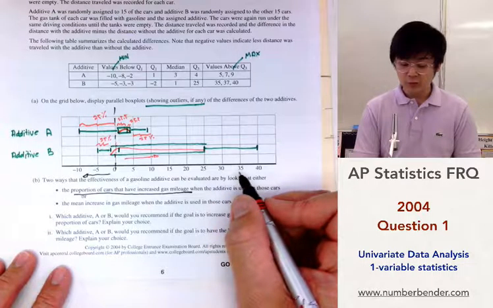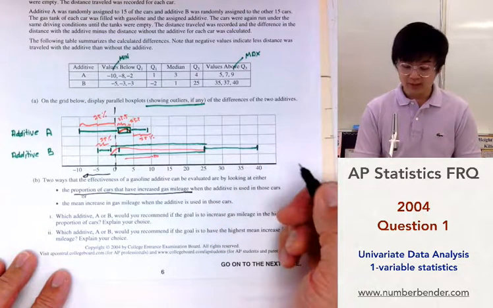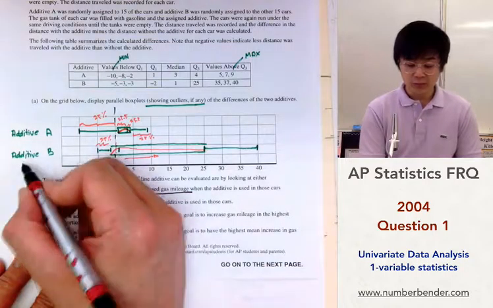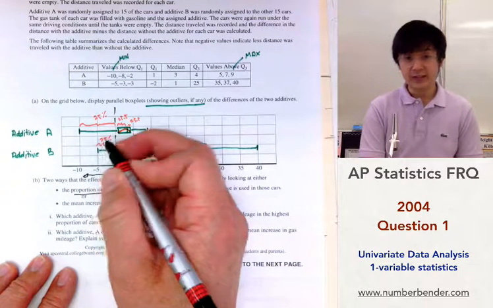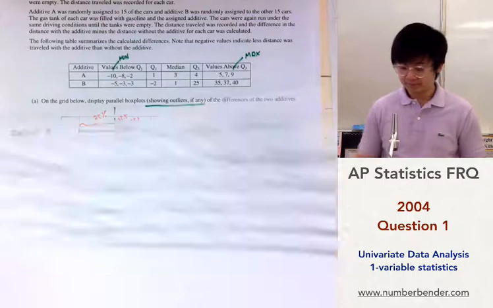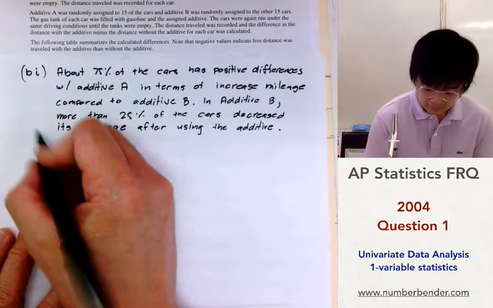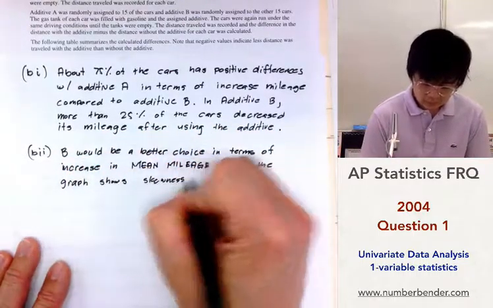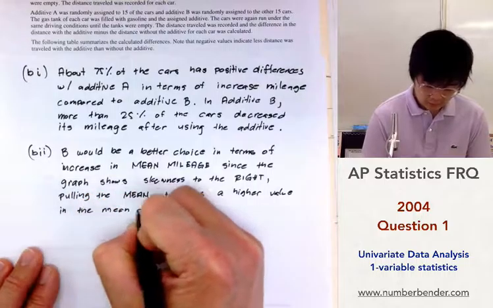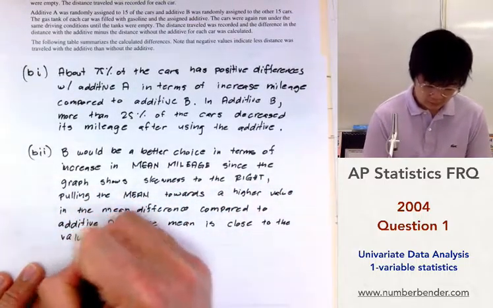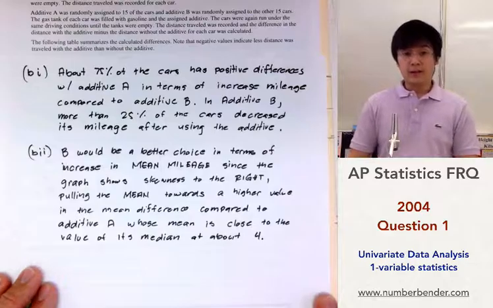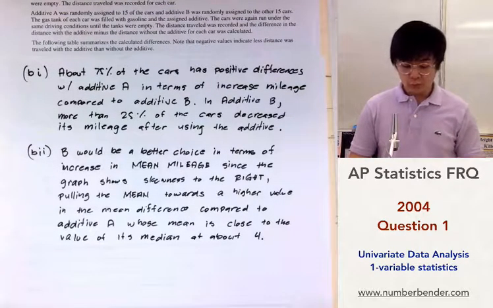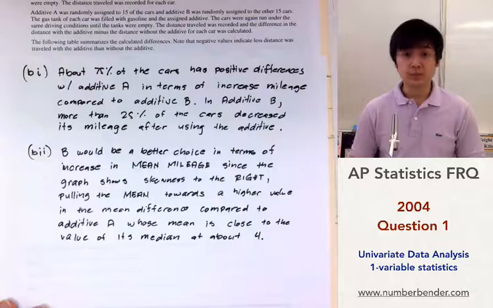So in this case, if we're going to recommend an additive for the highest mean increase, we would recommend additive B. So let's go ahead and write out our answer for letter B. And this is our interpretation for why we chose additive B as opposed to additive A when it comes to increase in mean mileage.